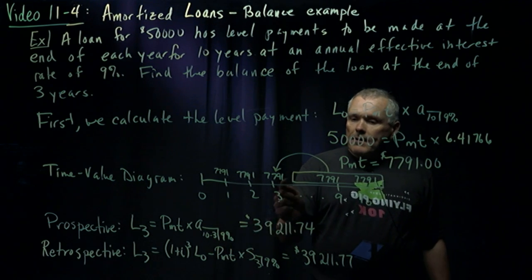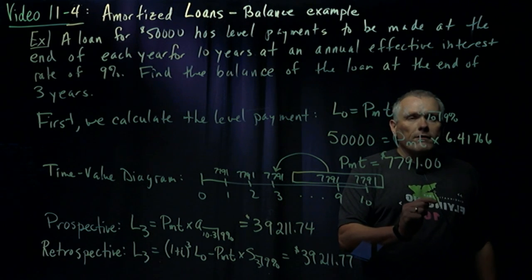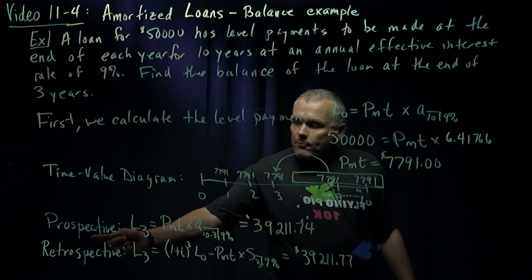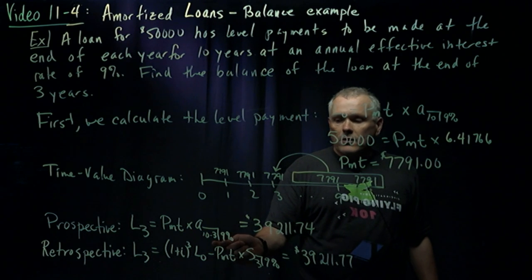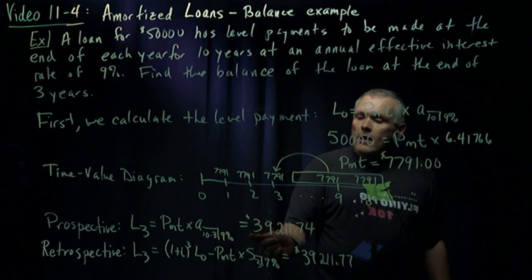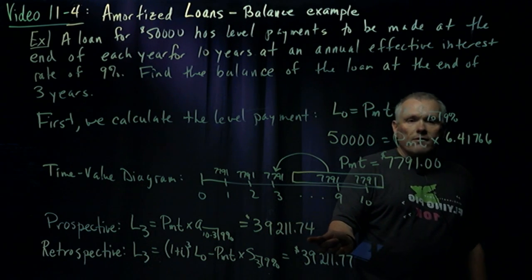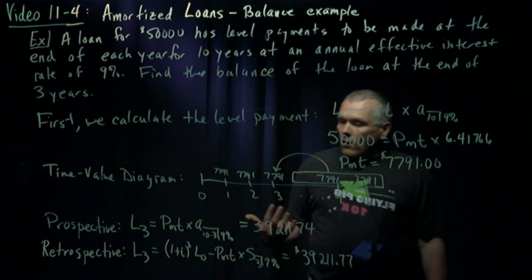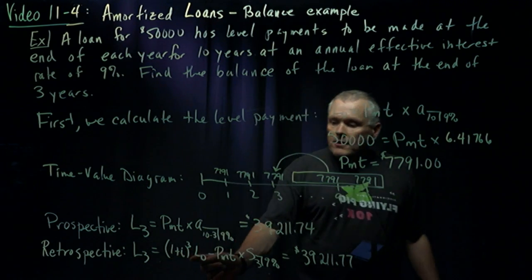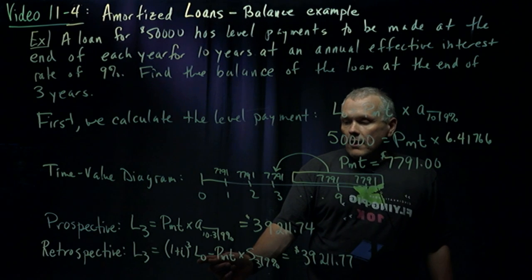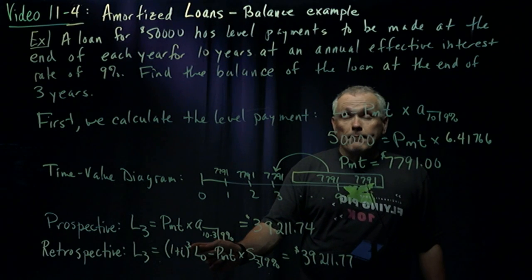It's an annuity immediate because they're all occurring at the end of the time period. So that prospective method would be our level payment times the present value of this annuity immediate for 7 payments, and we get $39,211.74.